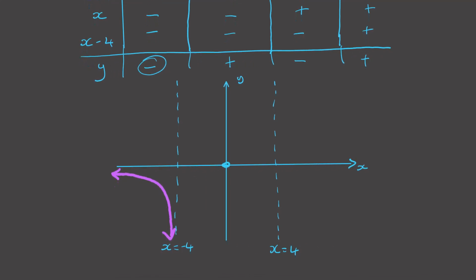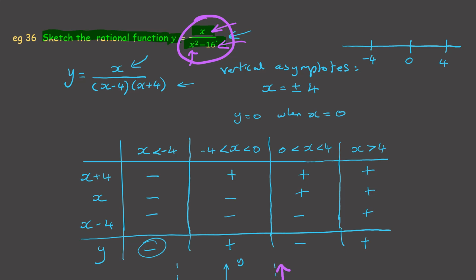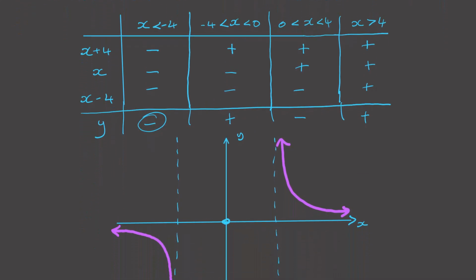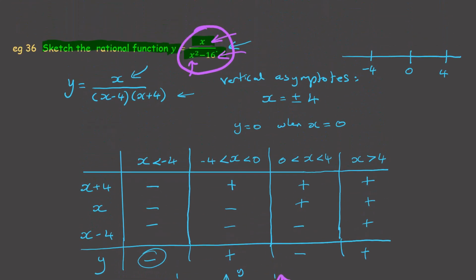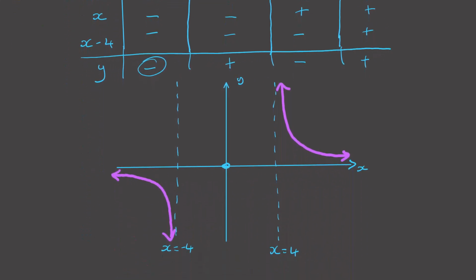Now it's going to do the same sort of thing over here for the same reason. If you take x is equal to 1,000, you've got 1,000 over 1,000 squared minus 16. It's a really tiny number. But when x is close to 4, the denominator is close to 0. And so that's why it goes off the top up the asymptote.